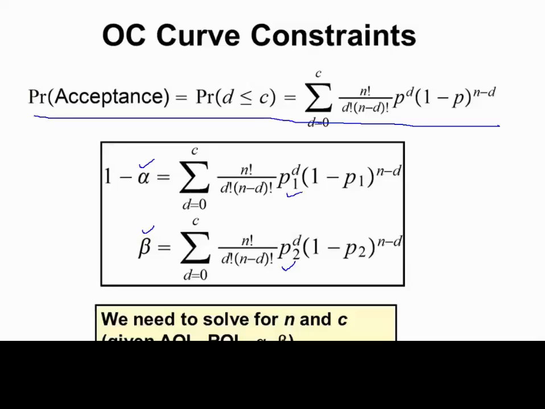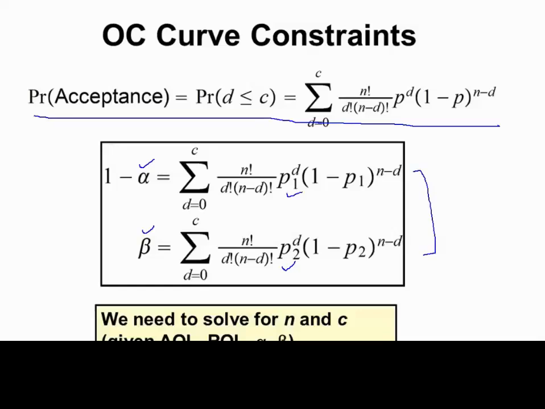Now we have these two equations, and so we have two equations and two unknowns, N and C, once we identify what P1, P2, alpha, and beta are. So we could solve these two equations for the two unknowns. Now it's not as easy as solving two equations in algebra, where you solve for one and plug it into the other, or find a way to cancel terms.